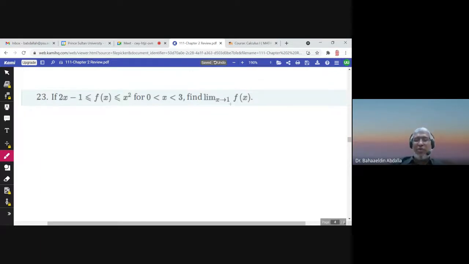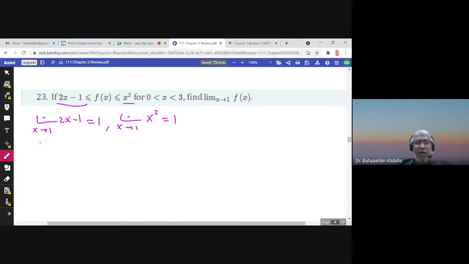To find the limit of the function f of x as x approaches 1, let us find the limit of 2x minus 1 as x approaches 1, which is this one. 2 times 1, 2 minus 1, 1. What about the limit of x squared, which is this one? When x approaches 1, 1 squared is 1.